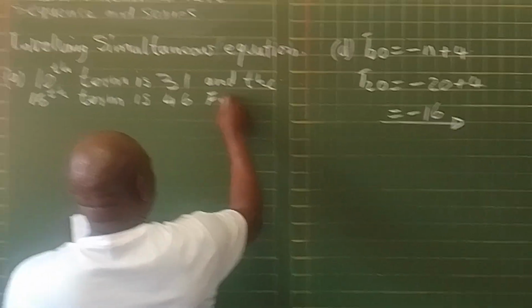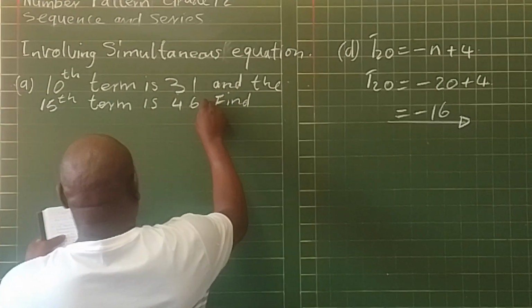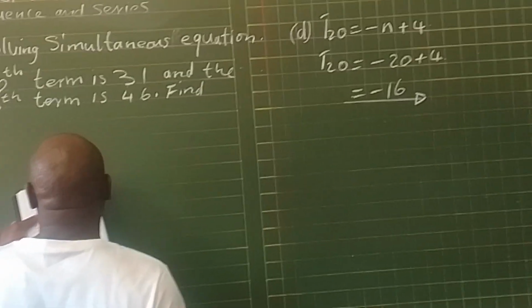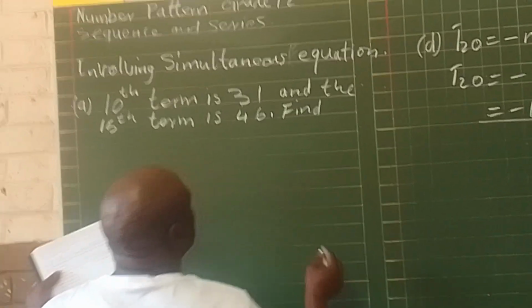Find the first 3 terms of the arithmetic progression.